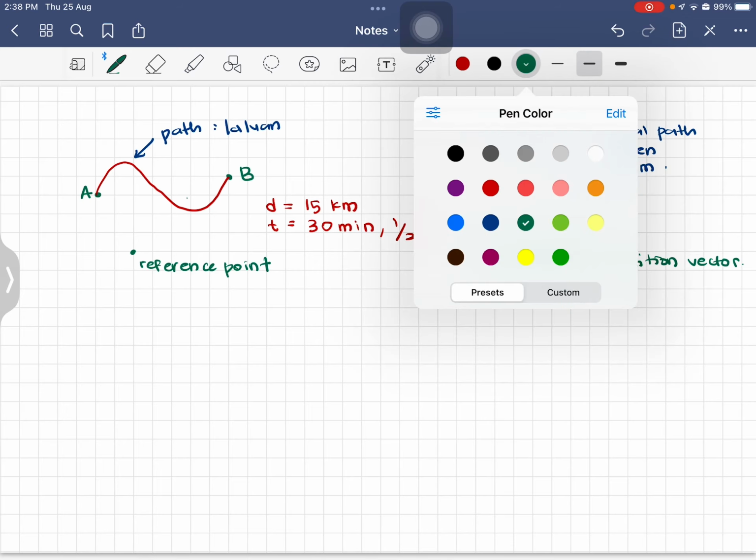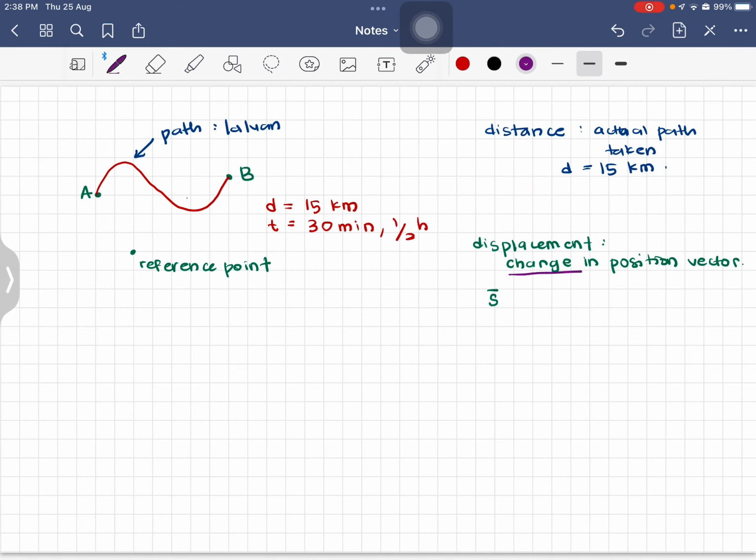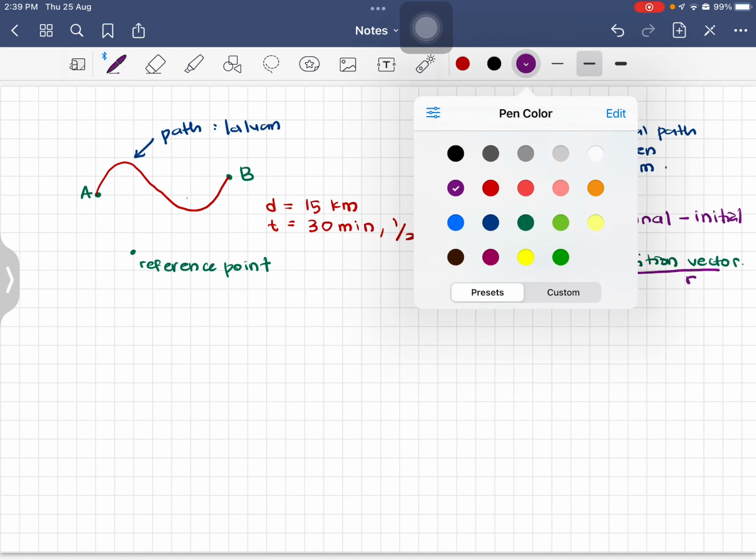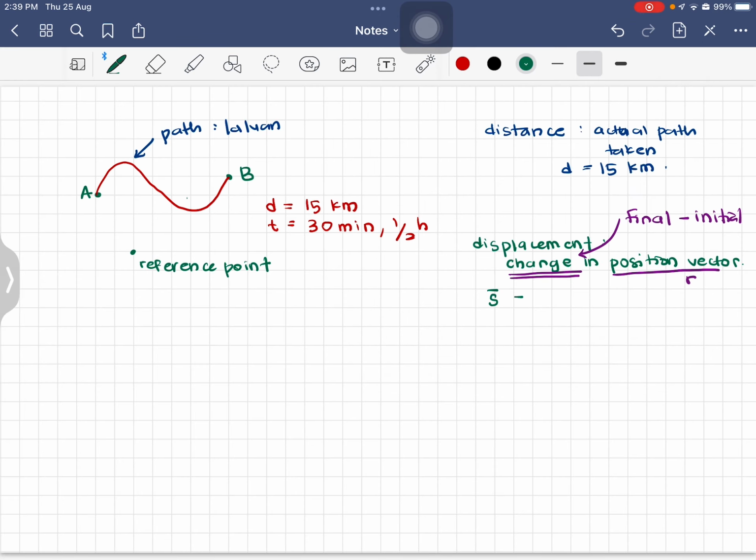When you find the word change, anything coming after that should be final minus initial. So, position vector, we know the symbol is R. So, you will have here the change in position vector is R final minus R initial.